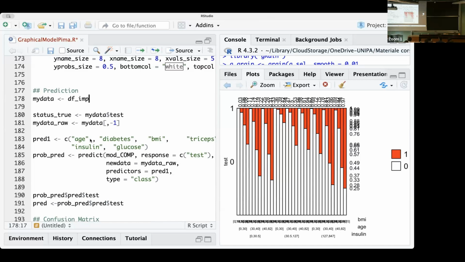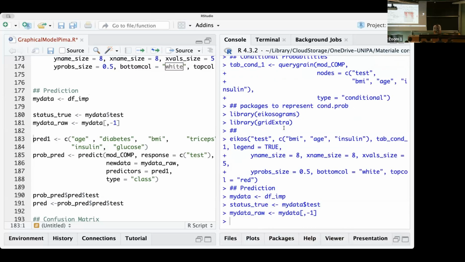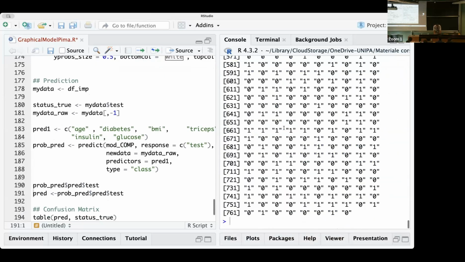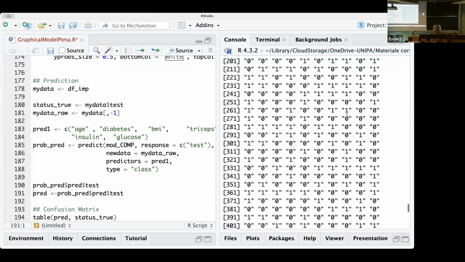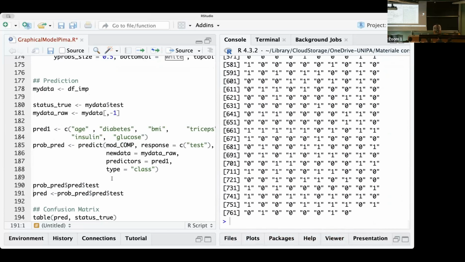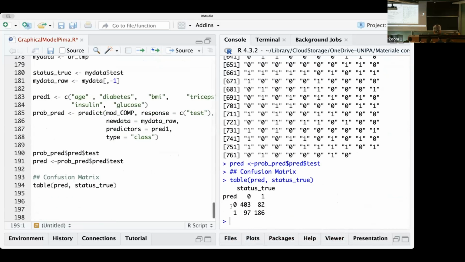Okay, so this is what you get, and you can get at the end a confusion matrix, which I guess you're familiar with as well. These are the values that you predicted, and at the end of the story, you have this one.